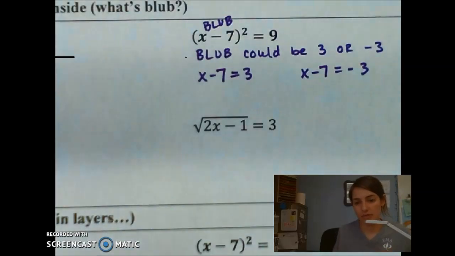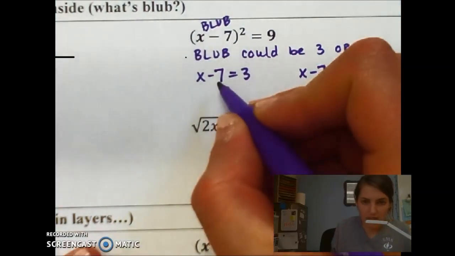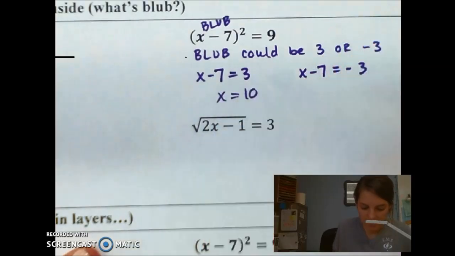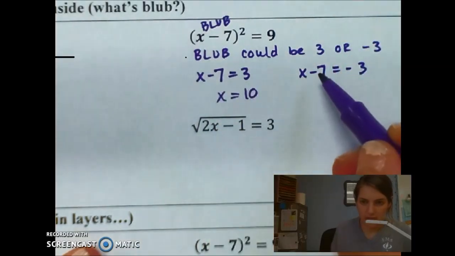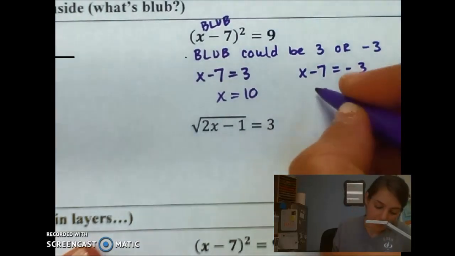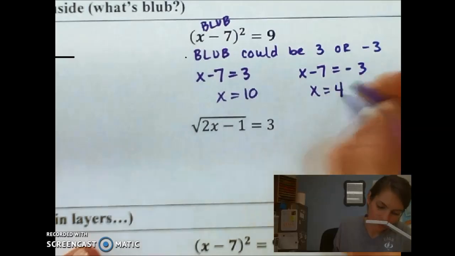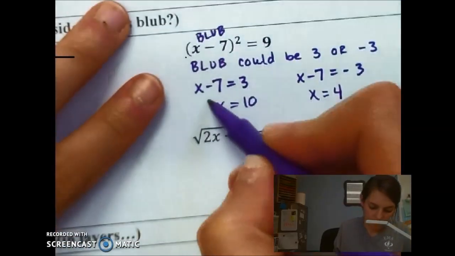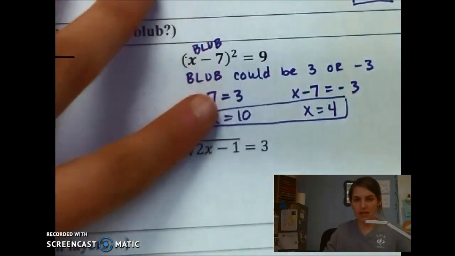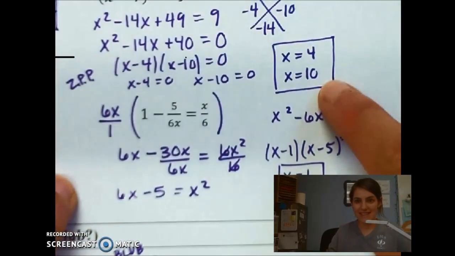And we can solve both of those mini little equations. So in this one, when we flip over a negative 7, we'd have x equals 10. And here, when we flip over a negative 7, it would be negative 3 plus 7, so x equals 4. Which, whoa, it's the same answers as these.